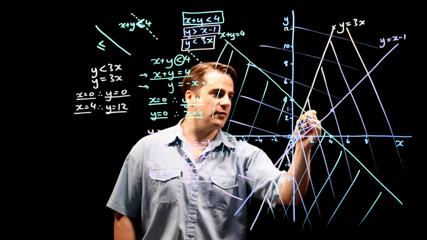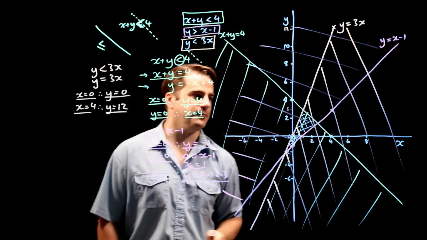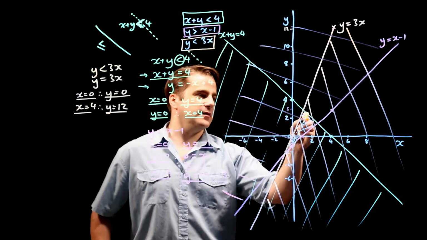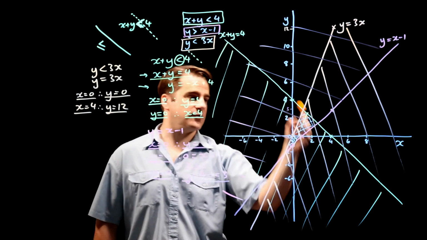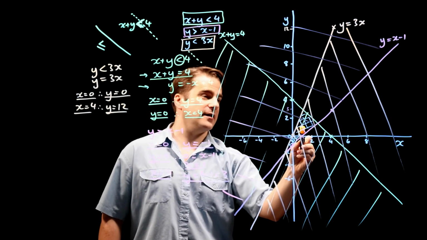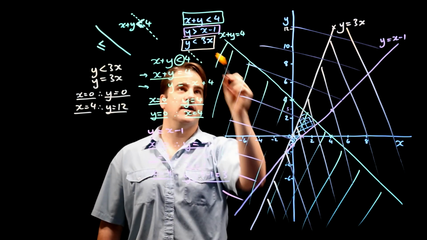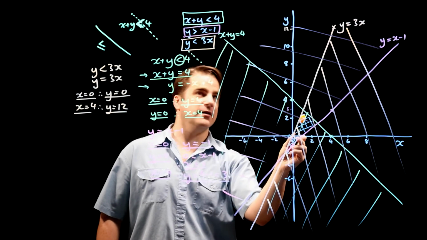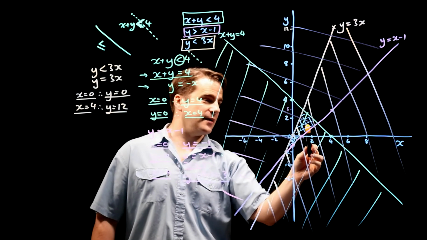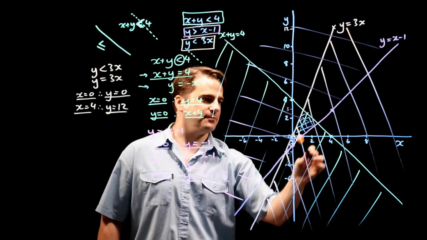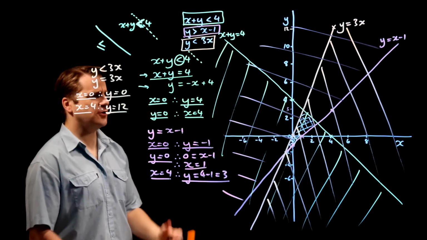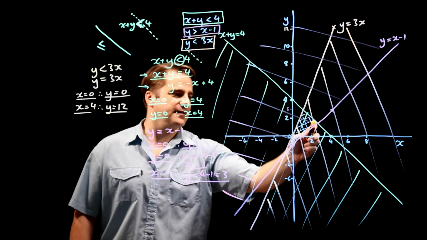As you can see, it's only this bit here, this triangle. Because in this triangle, there's green shading for x plus y is less than 4. There's red shading for y is greater than x minus 1. And there's orange shading for y is less than 3x. So, yeah, I'm sure you see what I'm saying. That's the region.